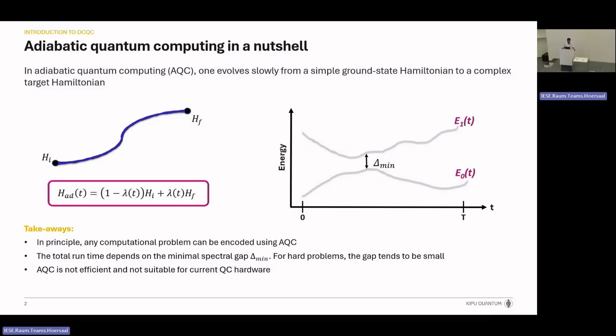If you have a gap that is exponentially smaller, we expect that the implementation of the counterdiabatic term will require an exponential amount of resources. Because what you're trying to do is minimize or completely negate all the possible excitations between the ground state and all the higher energy levels.